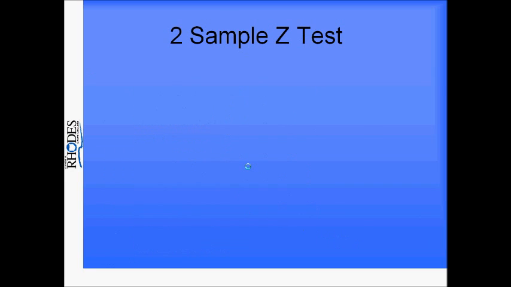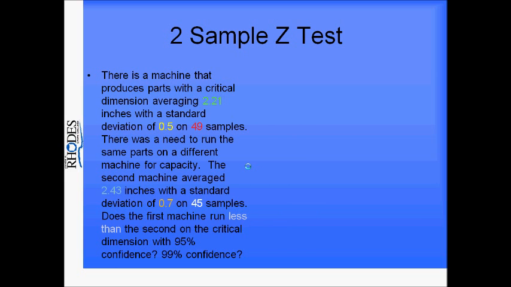So how about a 2-sample z-test? All right. Let's say there's a machine that produces parts with a critical dimension averaging 2.21 and standard deviation of 0.5 out of 49 samples. So we just pulled 49 samples off the machine.